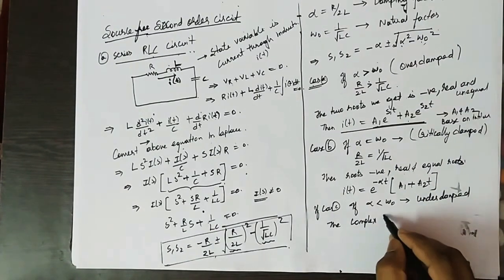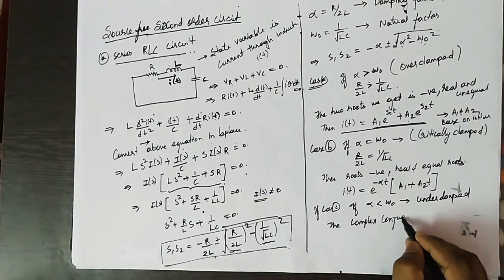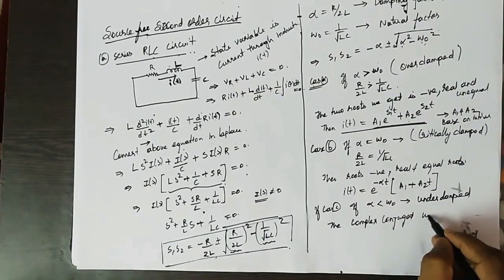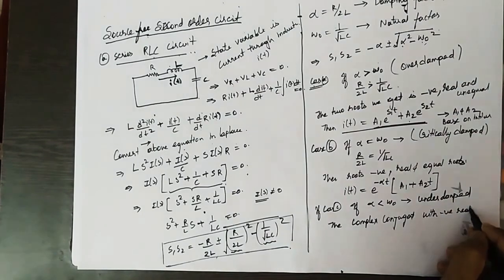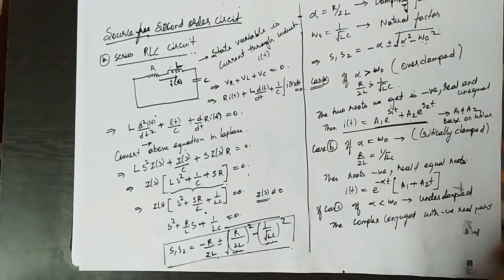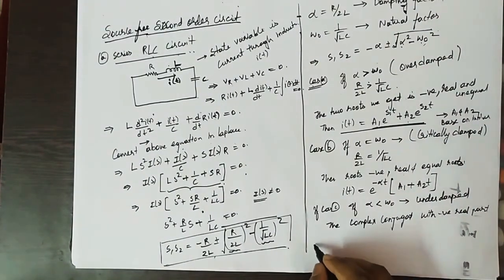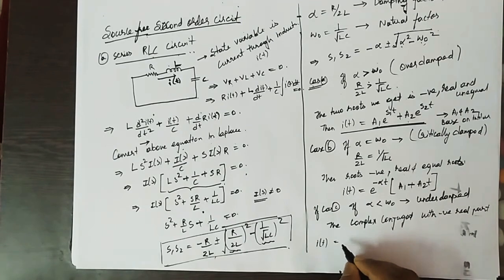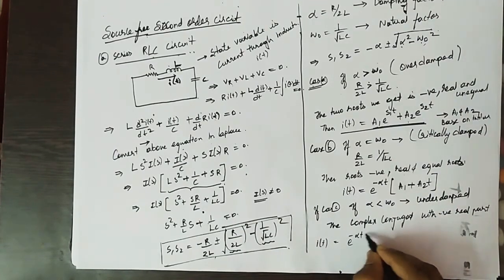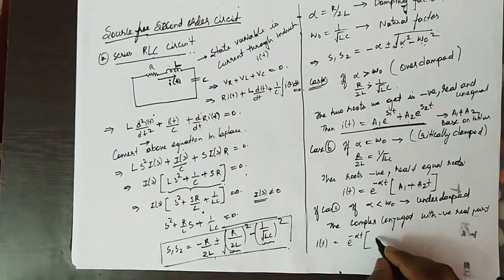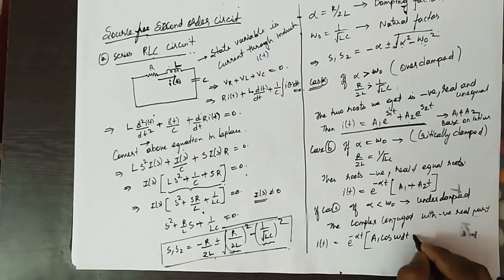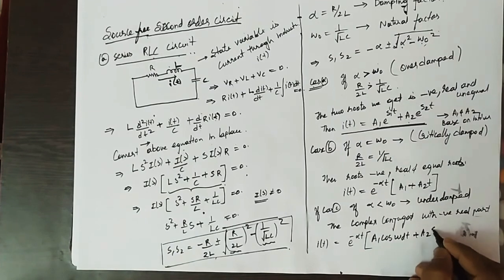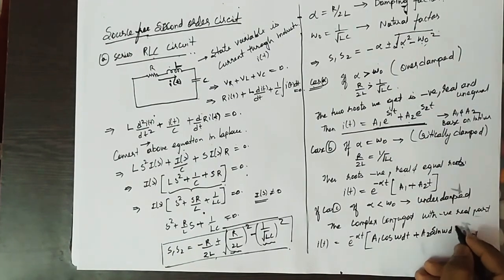Complex conjugate with negative real part. So the response i of t equals e power minus alpha t into a1 cos omega d t plus a2 sin omega d t.